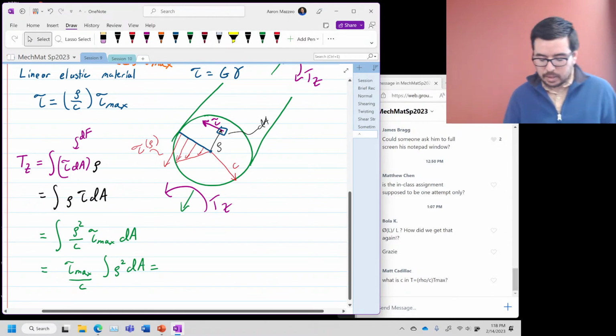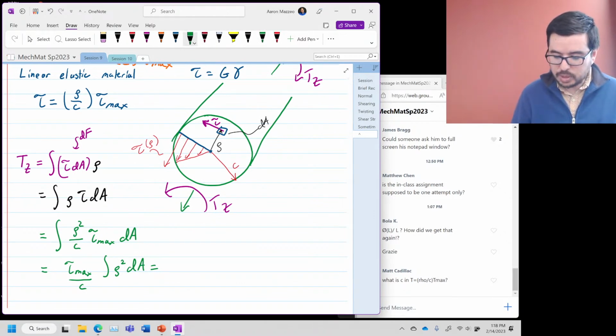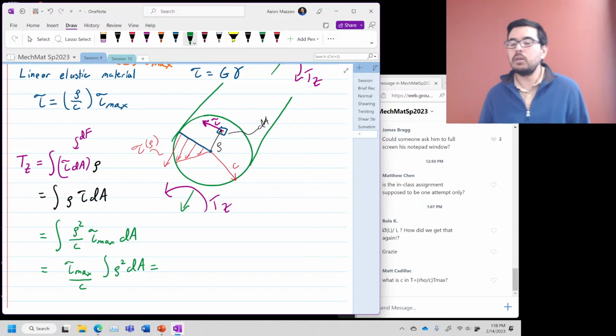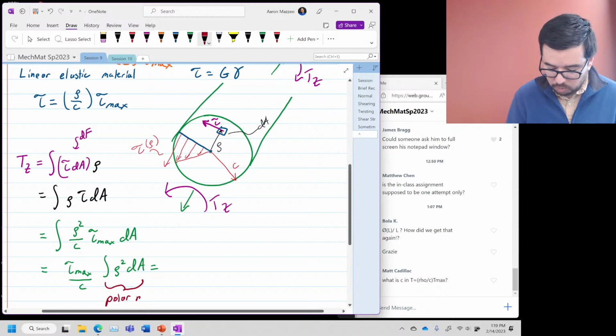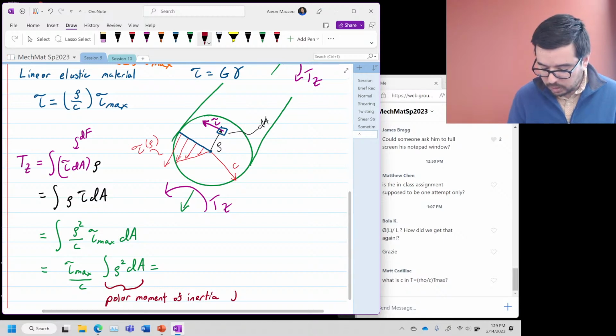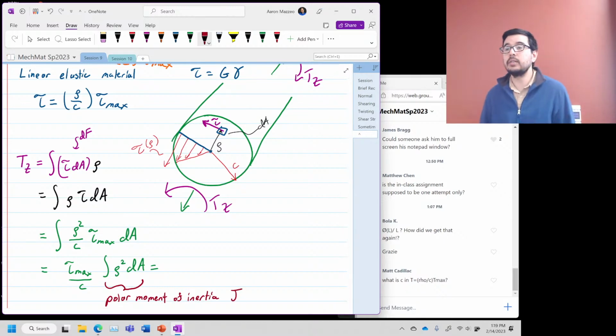So what is rho squared dA? Well, this is something that we call the polar moment of inertia, and I'll describe this in more detail in a second. This is the polar moment of inertia, and this is called J. All right?